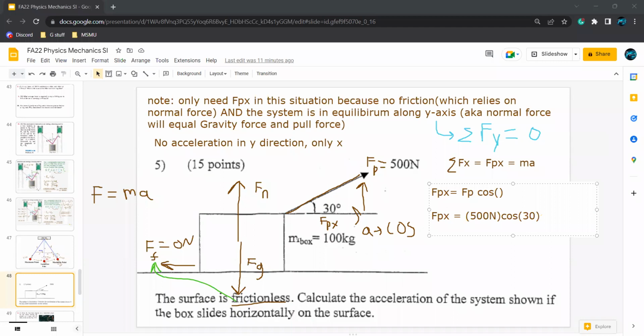Because Fx is equal to Fpx, then Fpx is equal to its component version, and that is equal to mass times acceleration. Then you divide both sides by the mass. I'll write that in, and I'm just going to use different brackets so they're easier to see. Take all of that divided by the mass, which is 100 kilograms.